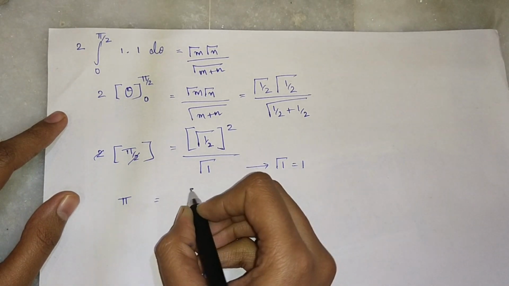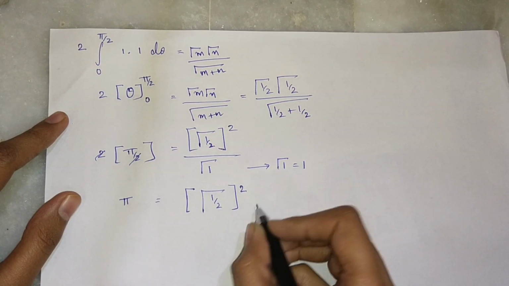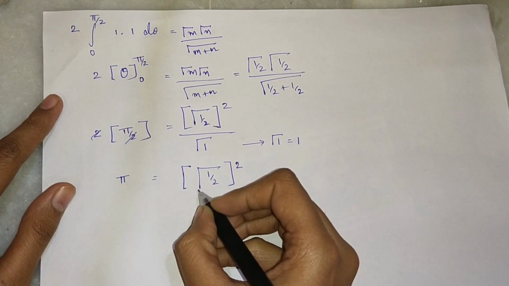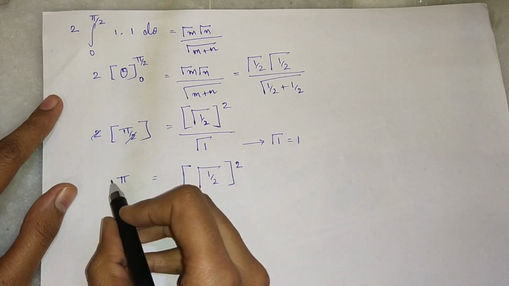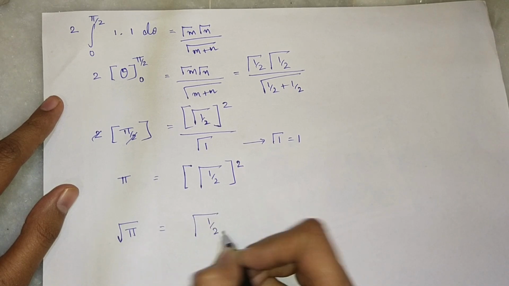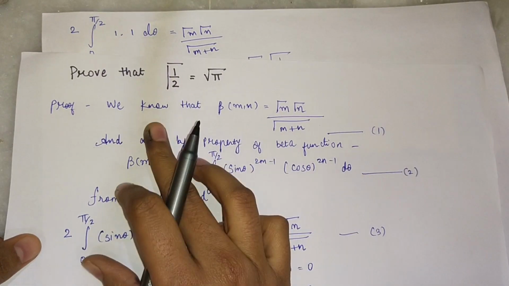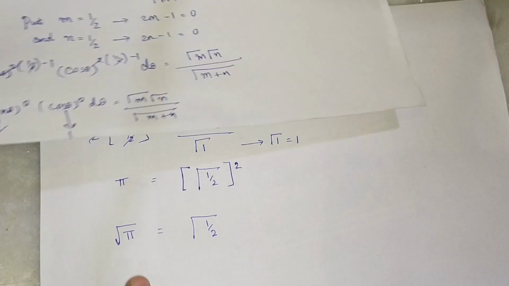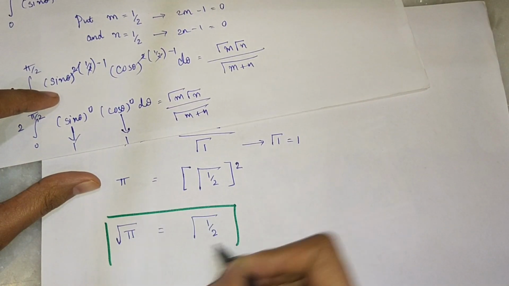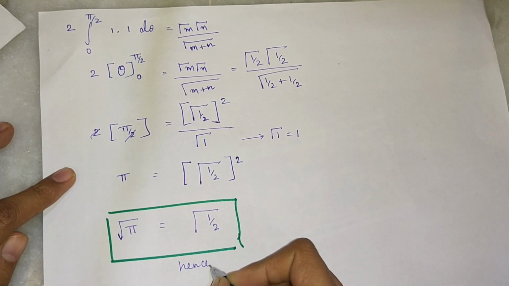Okay, so we will get gamma 1 by 2 whole square divided by this 1. So we can write that this square will go here, so we will get under root pi equal to gamma 1 by 2. So hence we proved that gamma 1 by 2 is equivalent to under root pi. We had to prove it, and we have proved it. Okay, so this is our proof. So we can write it as hence proved.